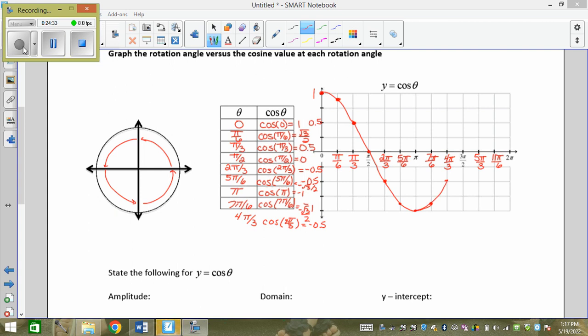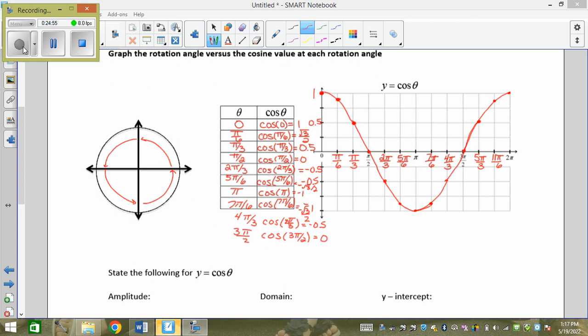And then we have 3 pi over 2. Cos of 3 pi over 2 is 0. And then it's going to go to 0.5, 0.866, and 1.